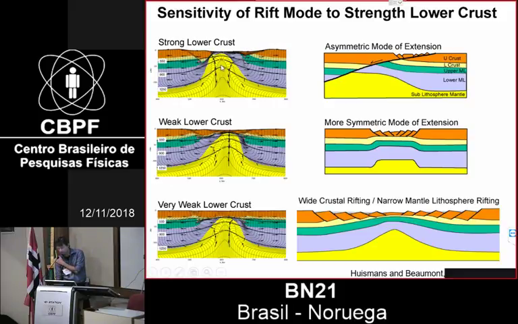The yellow material is the mantle below the lithosphere that's now at the surface, and at this stage we would expect a mid-oceanic ridge spreading system. If we weaken the crust significantly, then we can see that we have a very different rift style. We see distributed extension in the top layer, and the lower part here is rupturing very efficiently. This is just a consequence of varying one parameter, the strength of the crust.